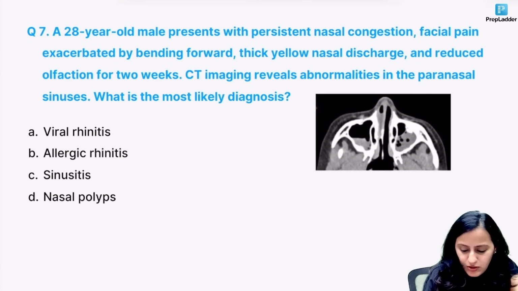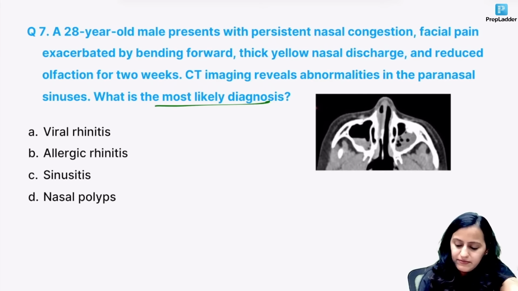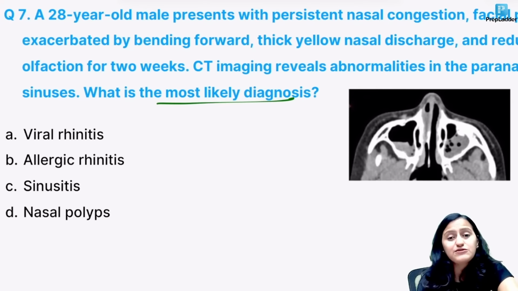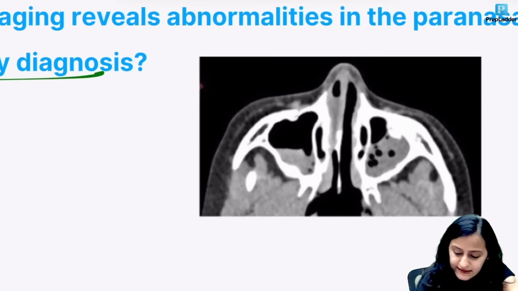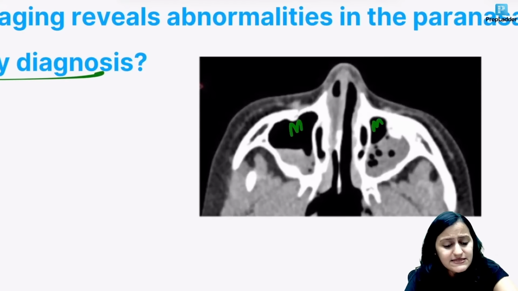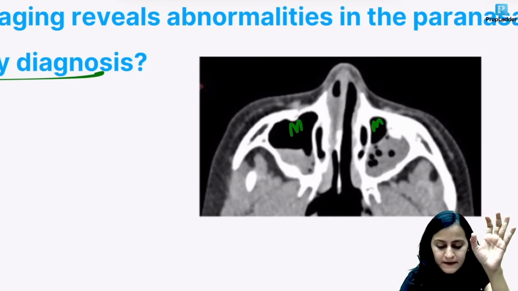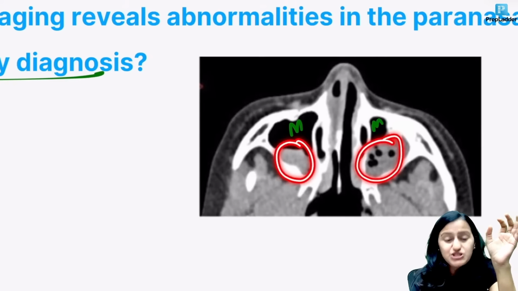What is the most likely diagnosis, which is given here? Look at the image. Rhinitis, sinusitis, polyps. What are these? This is the maxillary sinus. Look at the maxillary sinus. Is it normal? No. How is the normal sinus? The normal sinus should be jet black, containing air. But you are seeing something in the sinus which is gray.